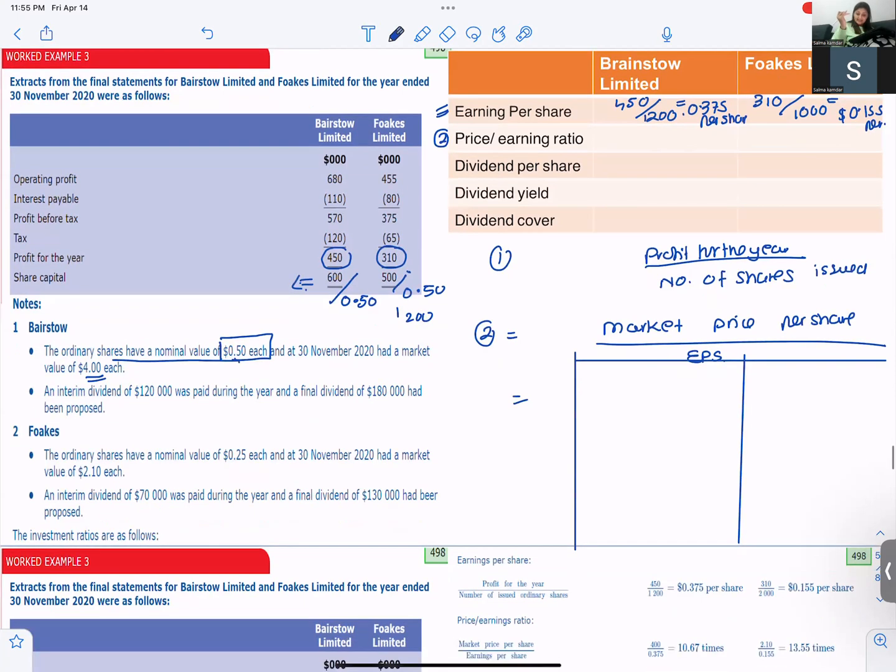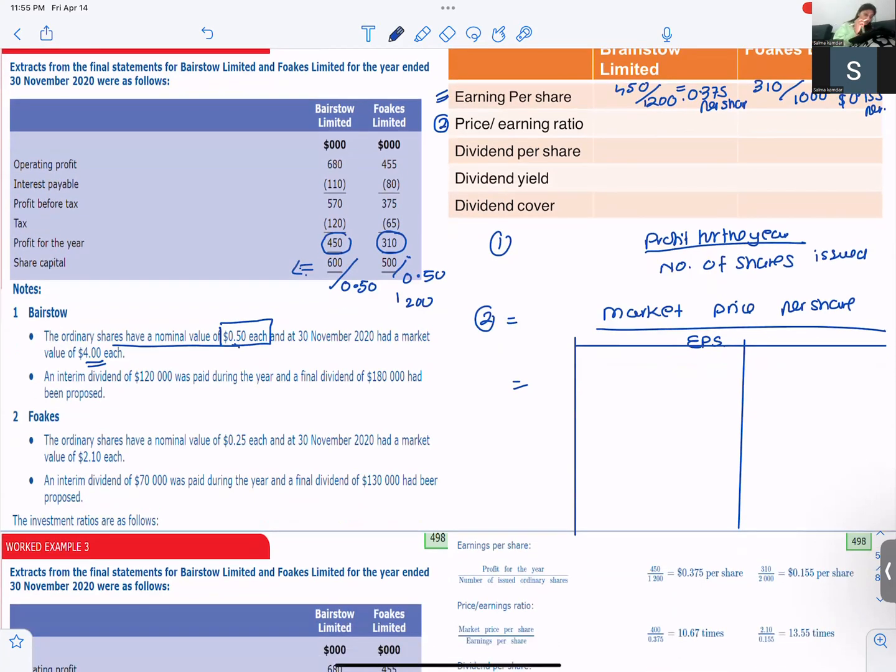And for Folks Limited, the market price per share is 2.10.